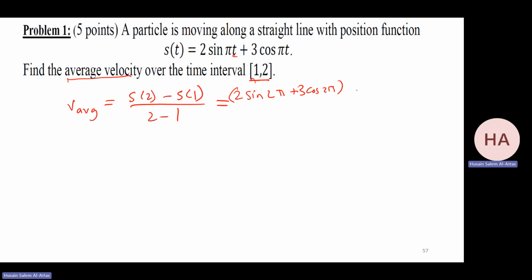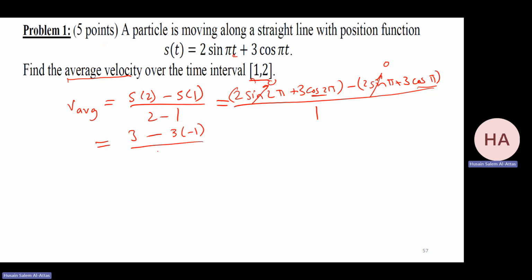This is the first one, minus 2 sine pi plus 3 cosine pi, all over 1. Sine 2 pi is 0, sine pi is 0. So do the calculation. Cosine 2 pi is 1, so that's a 3. Cosine pi is minus 1, so it's minus 3 times minus 1 over 1. So 3 plus 3, which is 6. So this is the value.